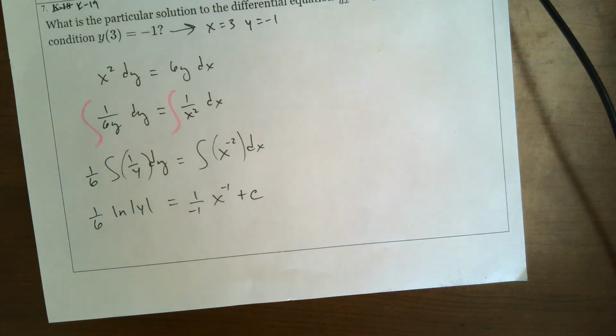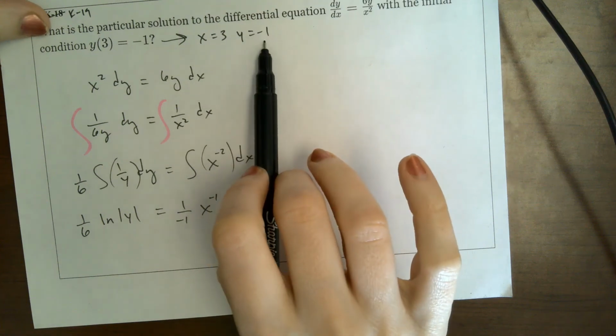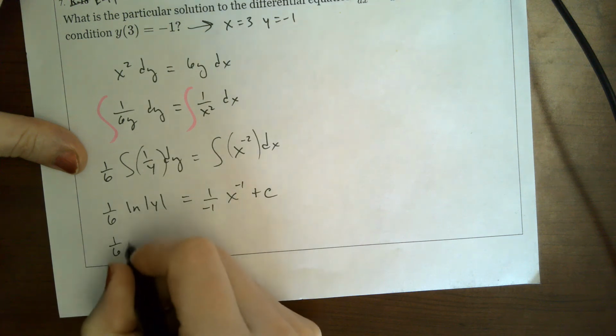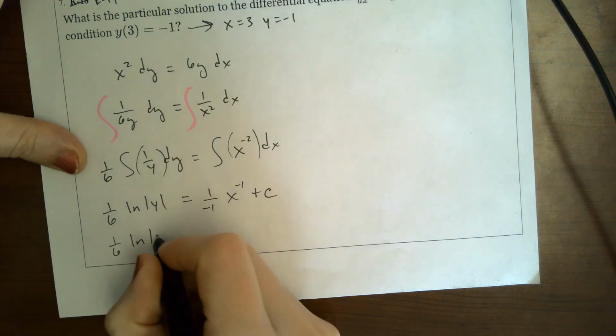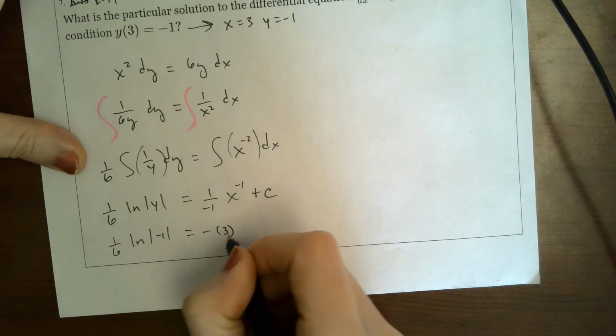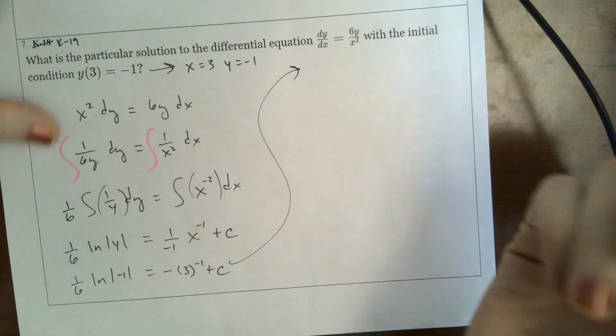Okay, and now at this point, I've got to find c. So I'm going to plug in the x's and y's. So 1/6 natural log, -1 plus c.